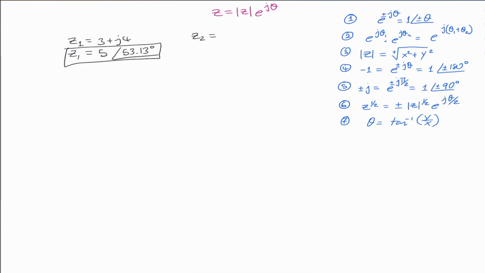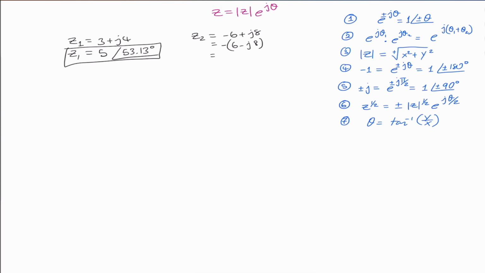We then do z2. z2 is equal to negative 6 plus j8. Because we have the property for -1, we can also factor out a -1. Factor out a -1, and we get a positive 6 minus j8.